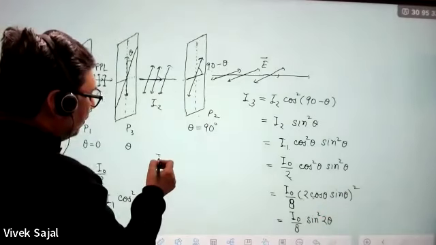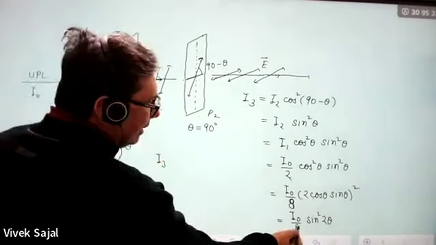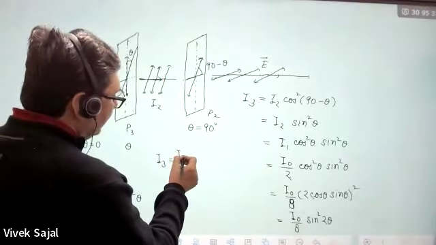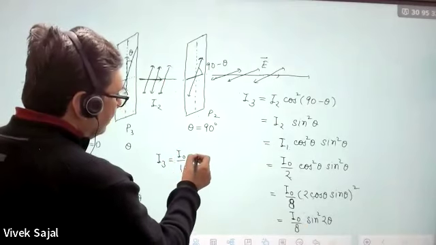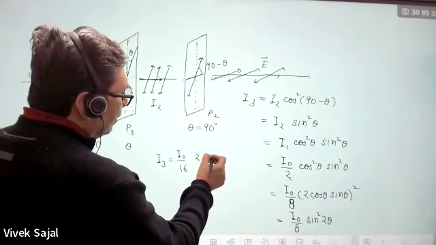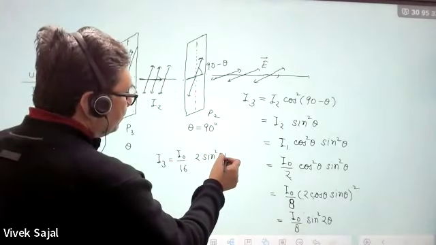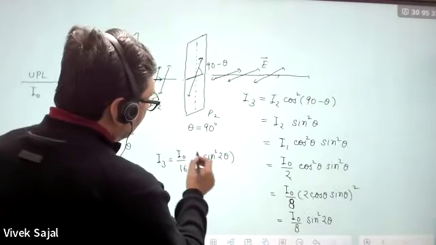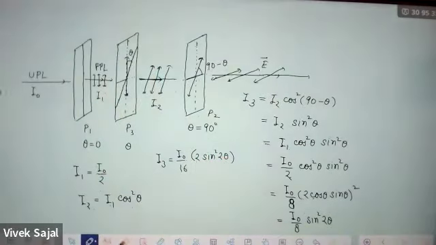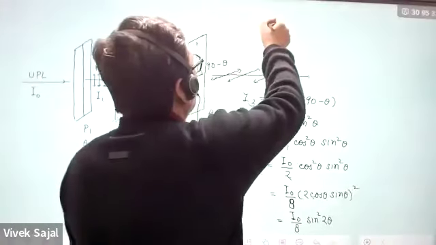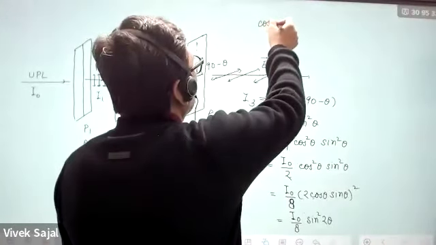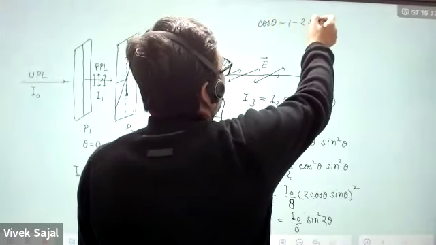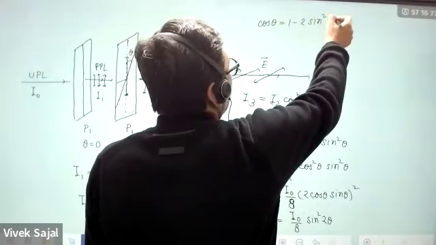Now for I3, I again multiply numerator and denominator by 2. So this will be I naught by 16 times 2 sine square 2 theta. Now here I will use this formula: cos of theta is 1 minus 2 sine square theta by 2.